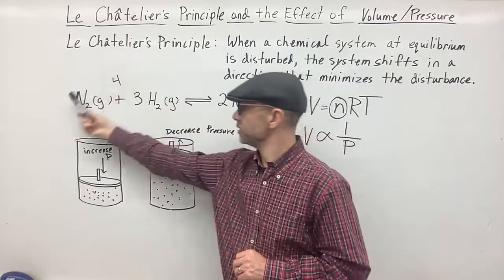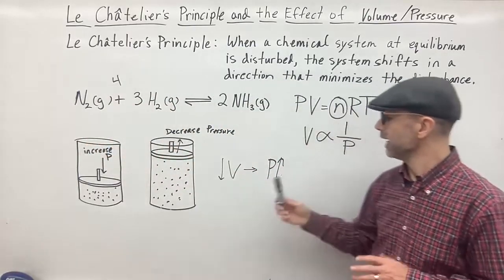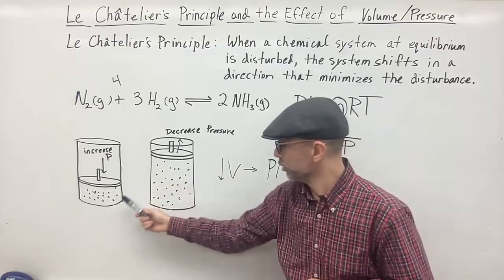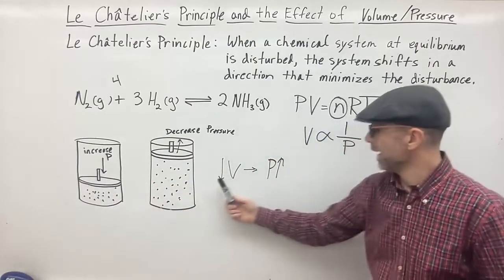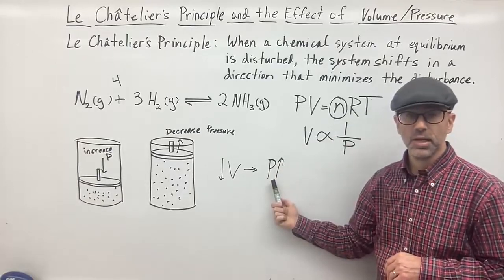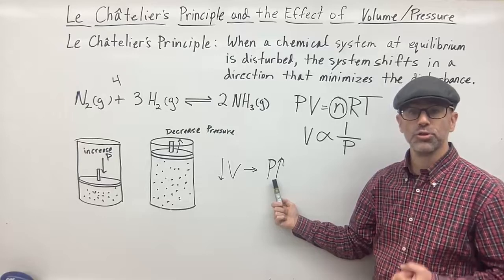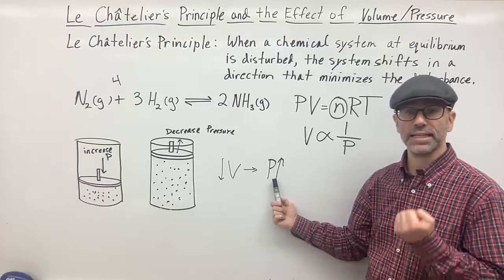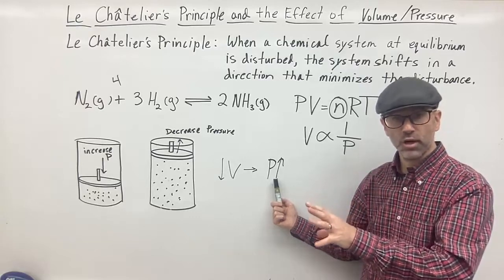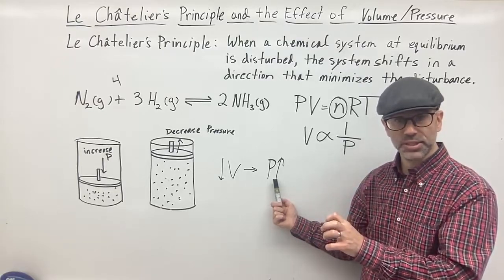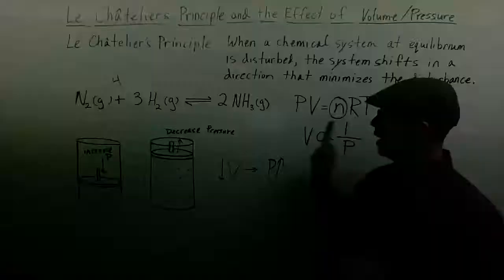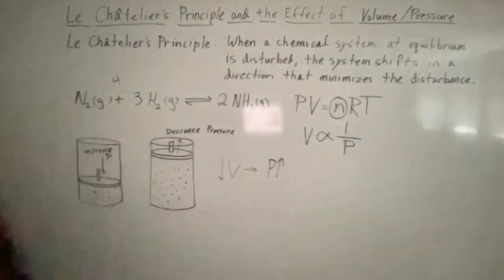Well, this side does. So if we decrease the volume like we do here, and thereby increase the pressure, the system is going to undo that. It's going to try to decrease that pressure back to what it was before to reach that equilibrium state.